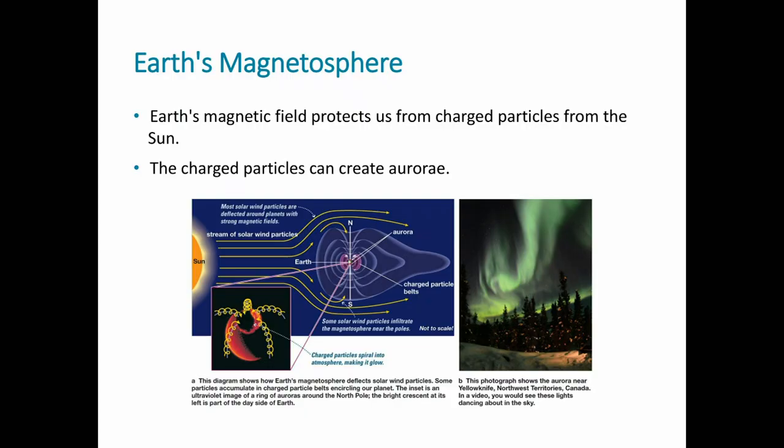And as a charged particle spirals, it is accelerating, and an accelerated charged particle will emit radiation in the form of light. So the northern or southern lights are a consequence of charged particles from the sun interacting with Earth's magnetic field.